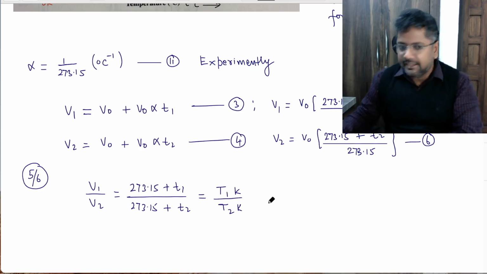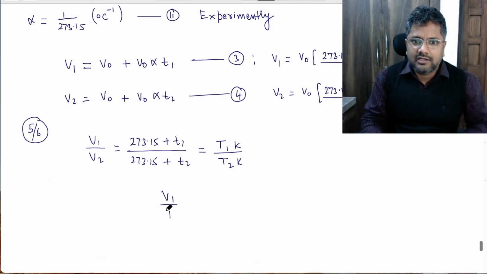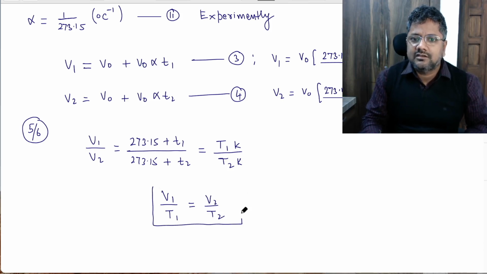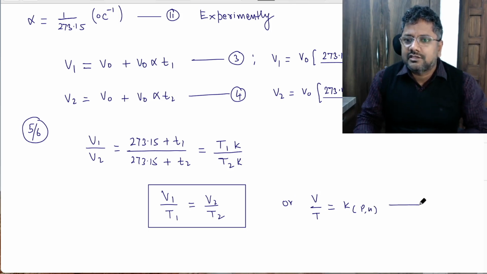So basically you can write V1 by T1 is equal to V2 by T2. Right? So this is the general statement of Charles' law, or V by T is equal to K, a constant, and the value of this constant depends on P and N. So this is the most general form of Charles' law.